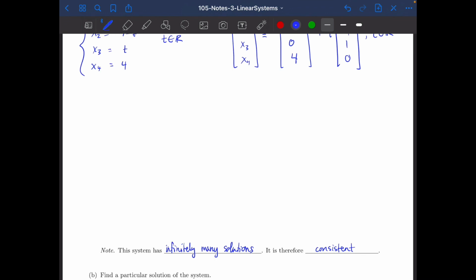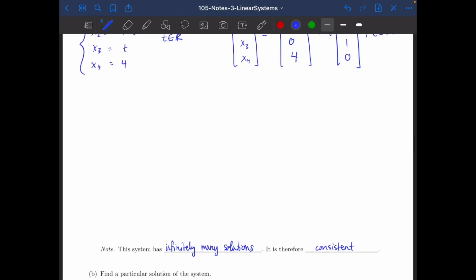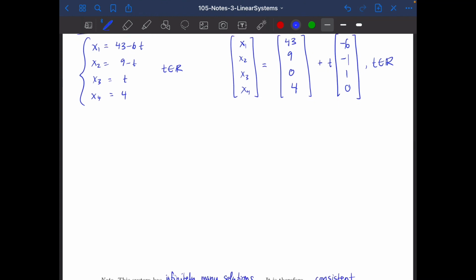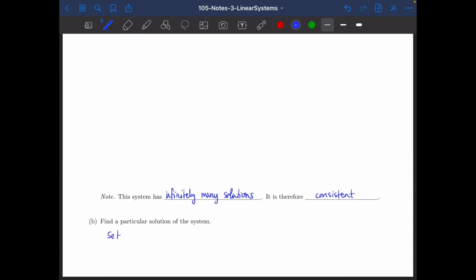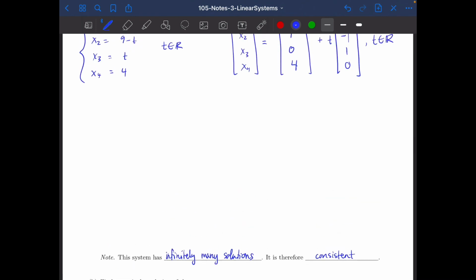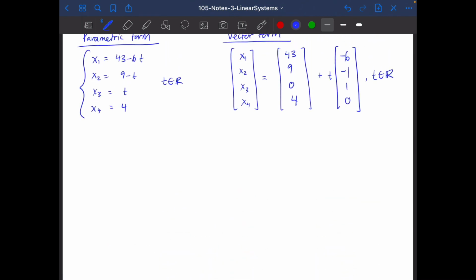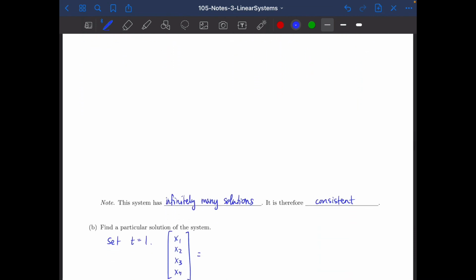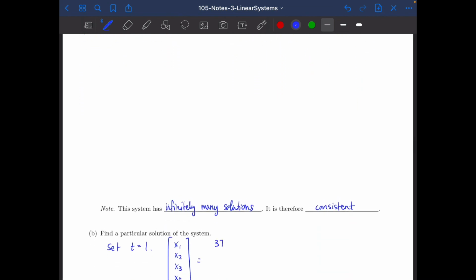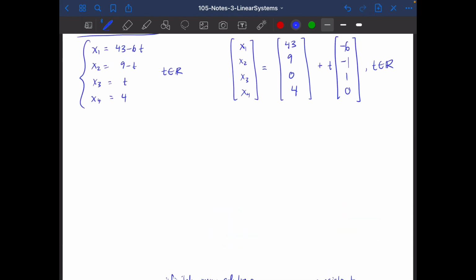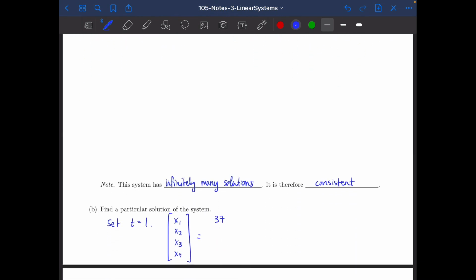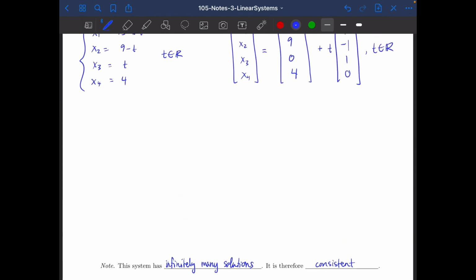Now let's find one solution of the system. Let's pick a value of t. Let's set t to be equal to 1. Then what do we get? x1, x2, x3, x4 will then be equal to 43 minus 6, that's 37. 9 minus 1, that's 8. 1 and 4.